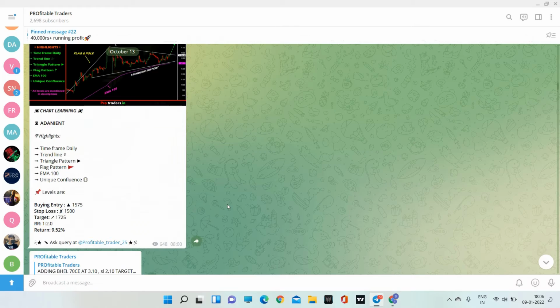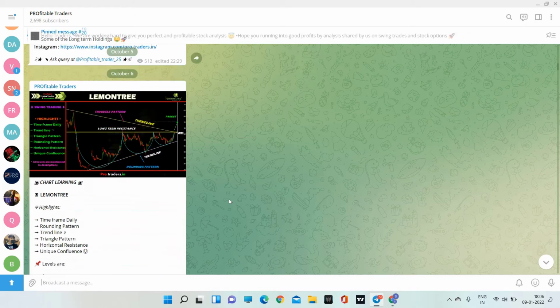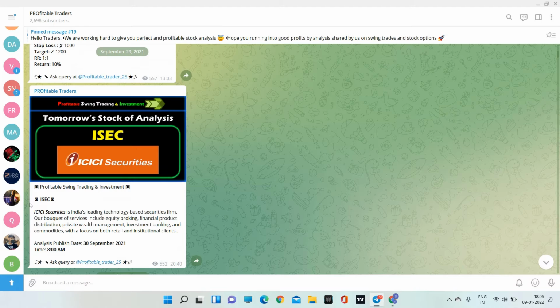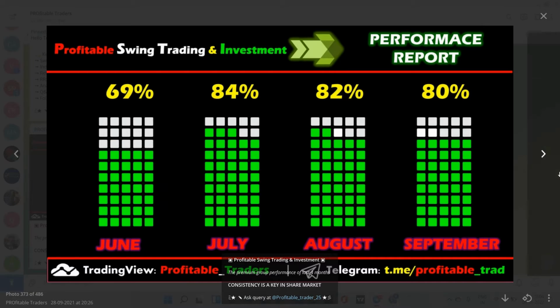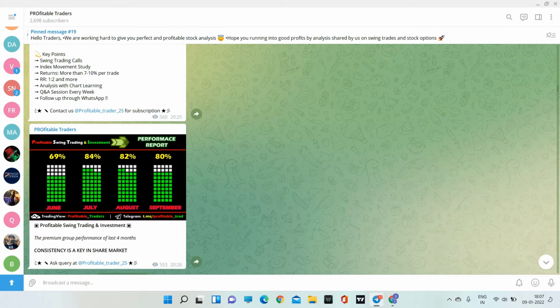So you can see right over here, past data. This is a performance report of June, July, August, and September, and you can see the performance. Okay, overall performance in the months of June, July, and again the white indicates that you have made a loss, you have taken a hit, and the green indicates you have made a profit.